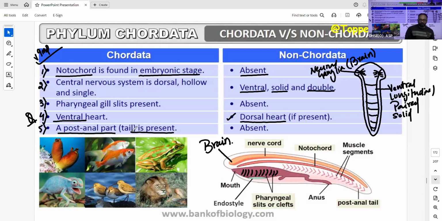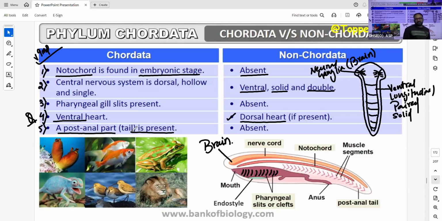Because in the course of evolution, the tail is reduced and is present only in the form of the coccygeal region of the vertebral column. In our vertebral column there is a cervical section, thoracic, lumbar, sacral, and coccygeal section. This coccygeal section forms the tail. So the tail is present but in a bent form, non-functional, and does not protrude out.